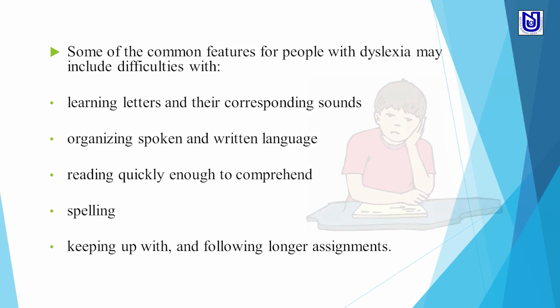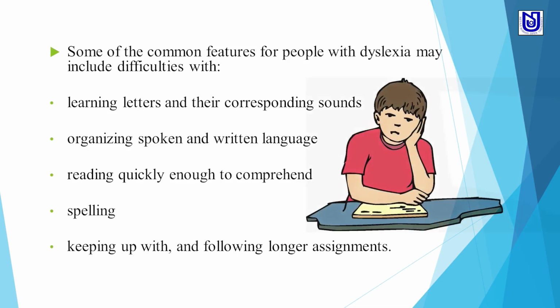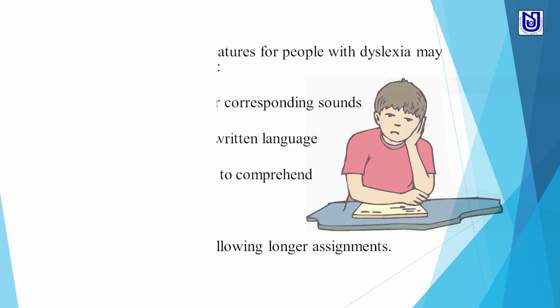Some of the common features for people with dyslexia may include difficulties with learning letters and their corresponding sounds, organizing spoken or written language, reading quickly enough to comprehend, spelling, keeping up with and following longer assignments.